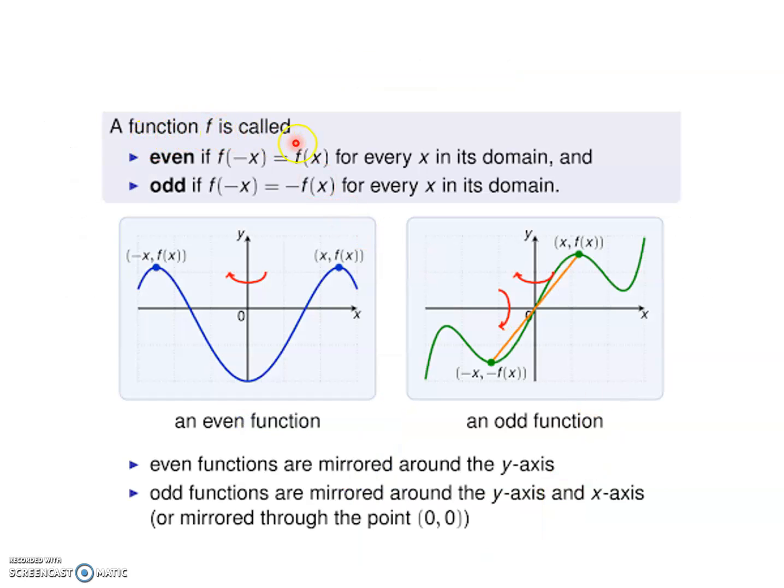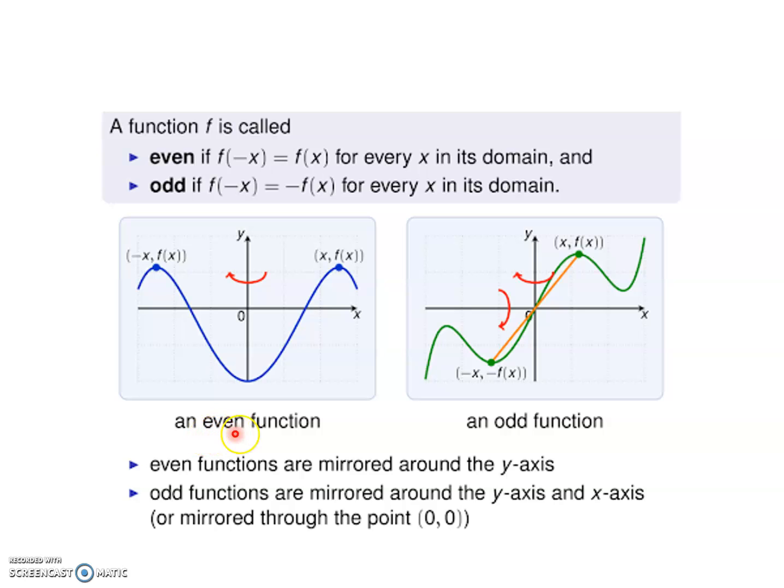Now a function f of x is called even if f of minus x is equal to f of x for every x in its domain, and odd if f of minus x is equal to minus f of x for every x in its domain.